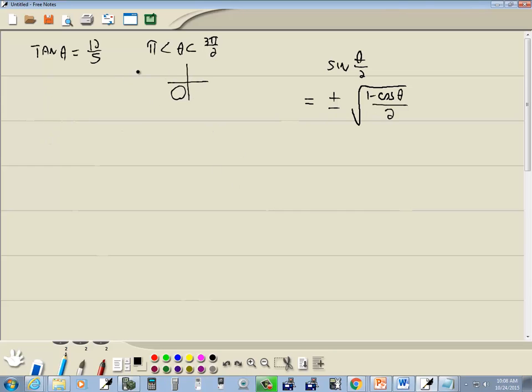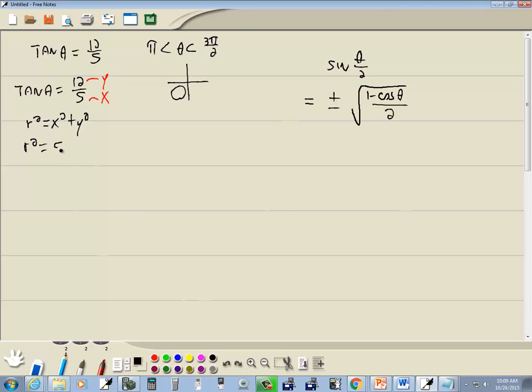So first, we said this is where our quadrant is, and tangent is equal to 12 over 5, and tangent is y over x. So we need r. We've got r squared is equal to x squared plus y squared.